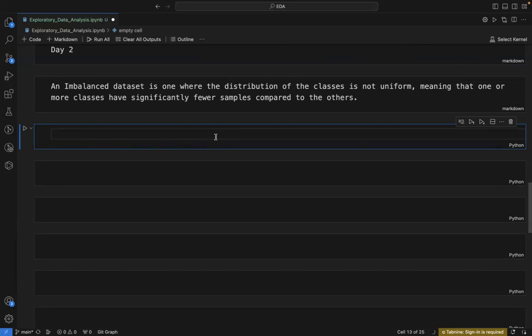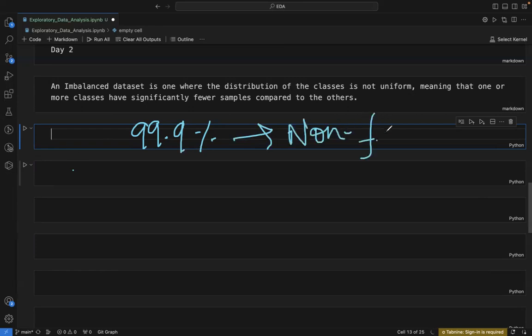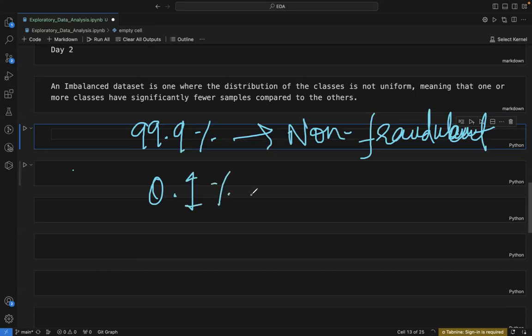Let me give you one example here. Let's say 99.9% of transactions are non-fraudulent, and only 0.1% of transactions are fraudulent.